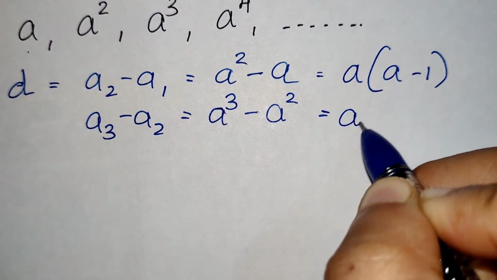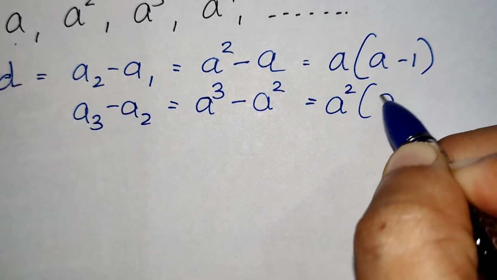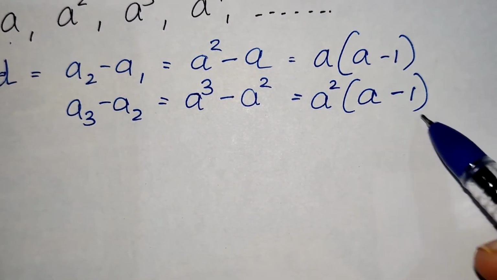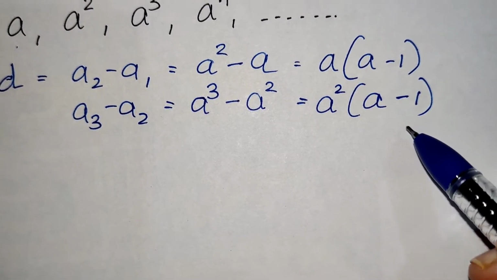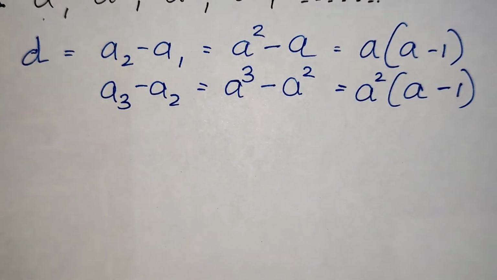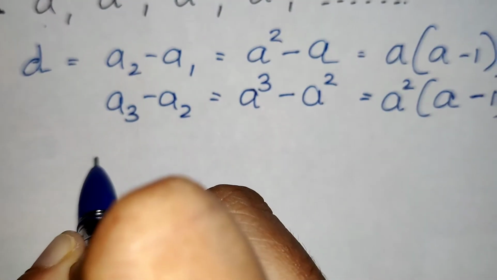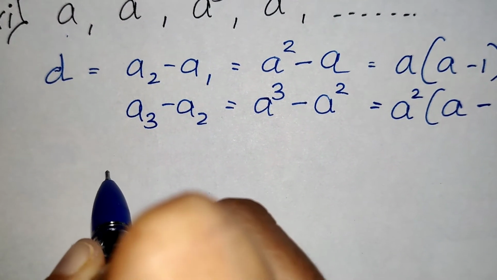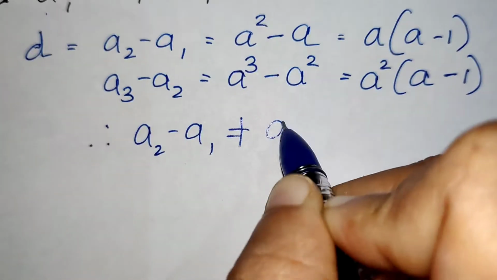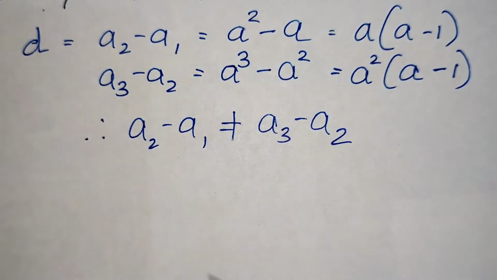I'll take a square as my common. I'll be left with a minus 1. See here a minus 1 is the same, but here a and a square I have got. So we didn't get the same common difference. Therefore a2 minus a1 is not equal to a3 minus a2.